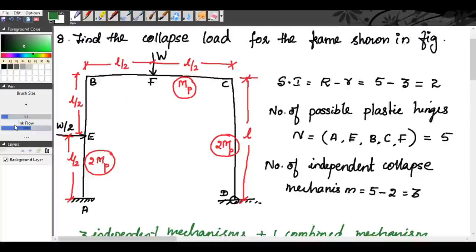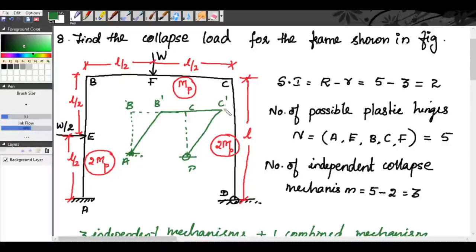Now the third mechanism is the sway mechanism. How will you have the sway mechanism? We have a concentrated load acting towards the right. This is our frame ABCD, and our sway mechanism will be like this. Now this is B dash and C dash.